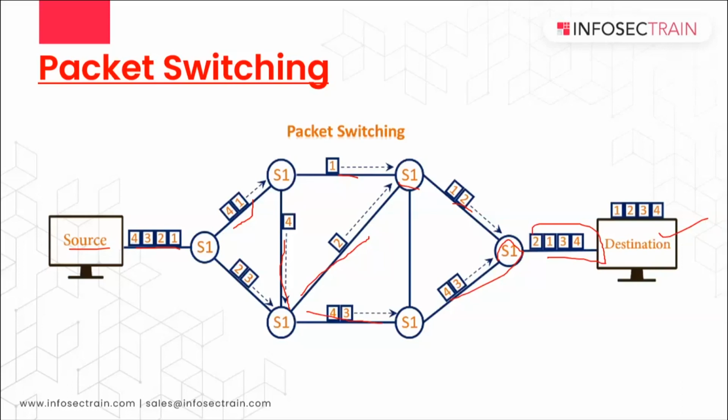The data is basically broken into several parts called packets, and these are sent independently. The optimum route for each packet is decided, and it is reassembled at the destination, right?